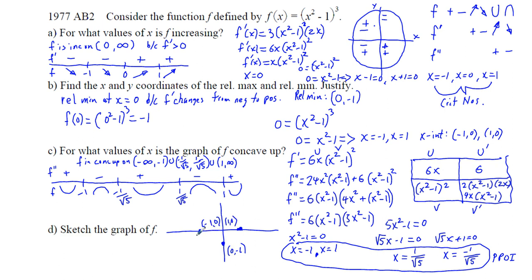And we also have -1 over square root of 5. So I'll put this -1 over square root of 5, and then 1 over square root of 5, because they're going to be crucial values in our graph. Okay, let's go here.